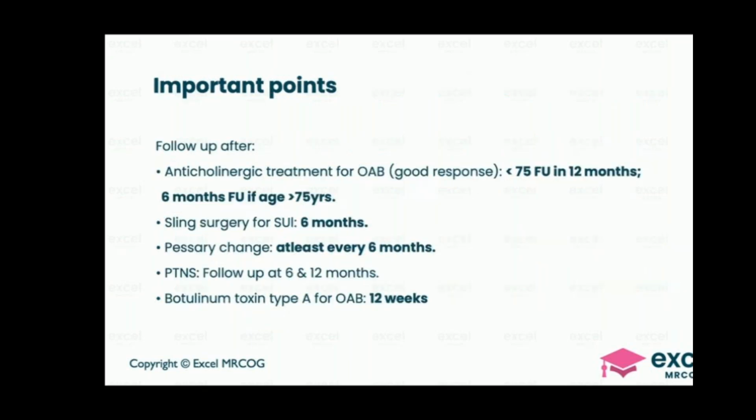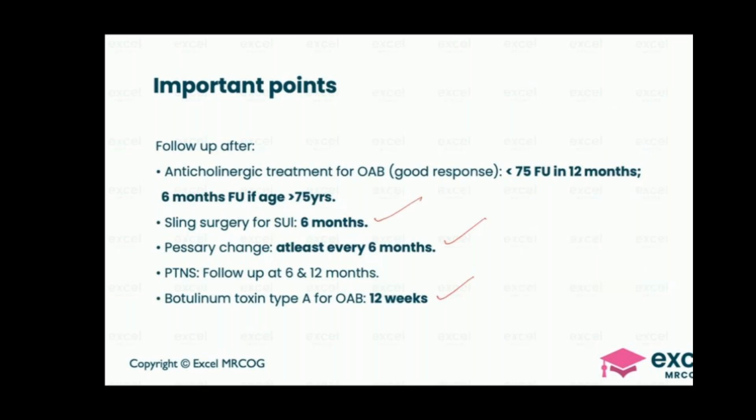These are important points which I had discussed even the other day in the group. The important time period for follow-up. Pessary change 6 months, sling surgery 6 months for SUI. SUI surgery and pelvic organ prolapse surgery is 6 months.